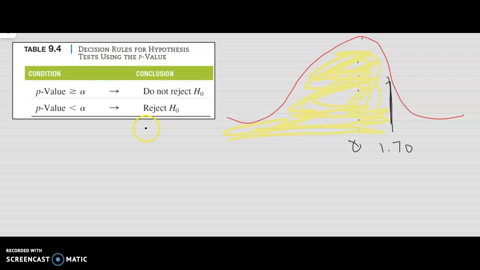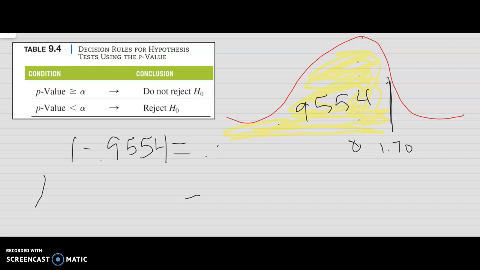If the whole area under this curve is 1, and we know the highlighted area is 0.9554, to figure out the area to the right of that, you take 1 and subtract out the other area, and that is going to give you your p-value.